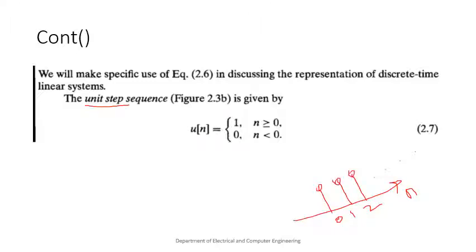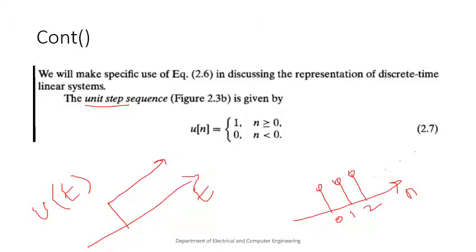And keep in mind, we are not putting an arrowhead on top of this. This is discrete. Unlike u of t, the unit step signal in continuous time, which was like this. Okay, unit step.